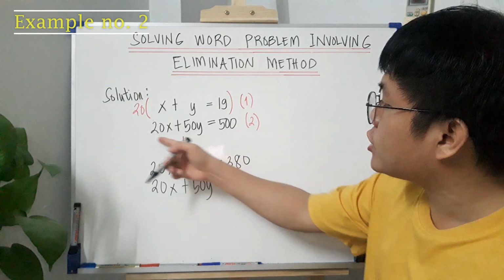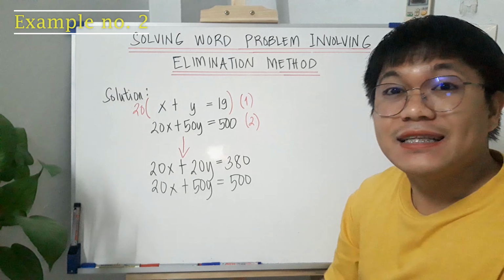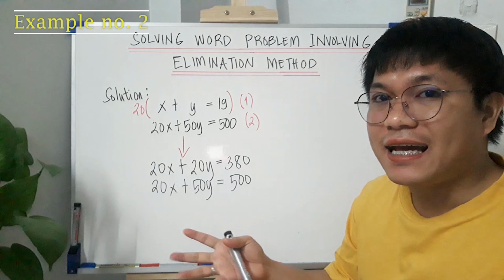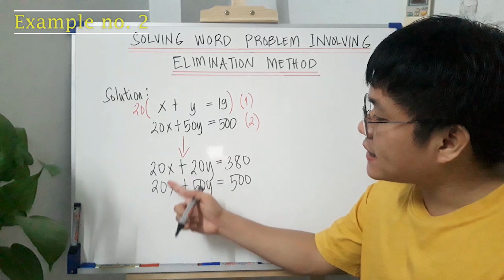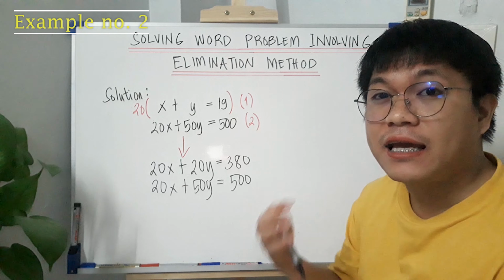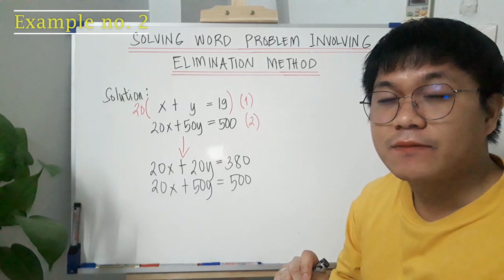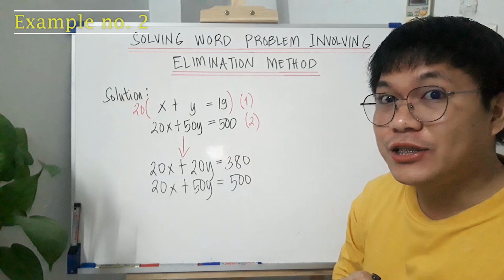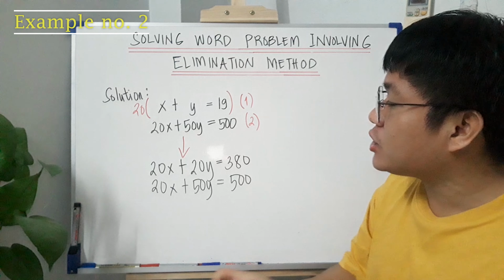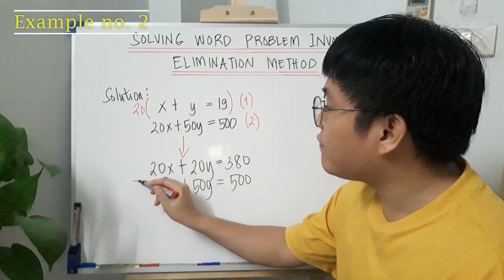Now, since our goal is to eliminate x, we have here 20x and 20x. Now, what particular operation are we going to use to eliminate x? That's correct. We are going to use subtraction as our operation. So we have here minus.